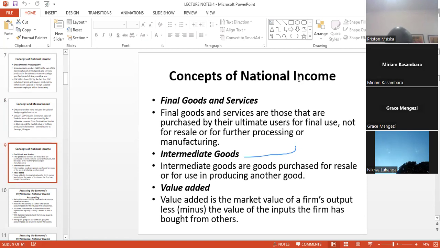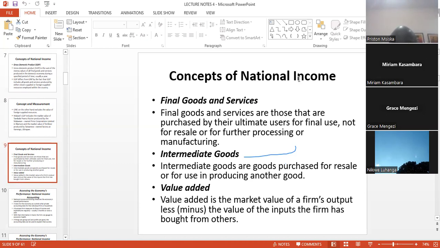Because if we start doing this, by the time we count the value of bread that Malawi has produced in a year, we will have already counted the value of wheat in it, the value of all the bread flour in it. So we cannot at the same time count bread flour as an item on its own. So anything that is used for producing another product cannot be counted.